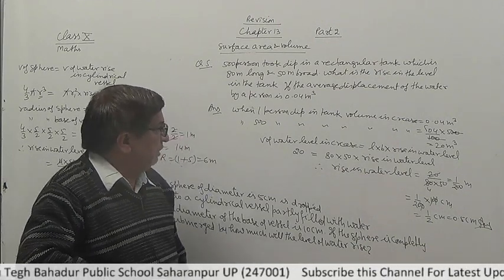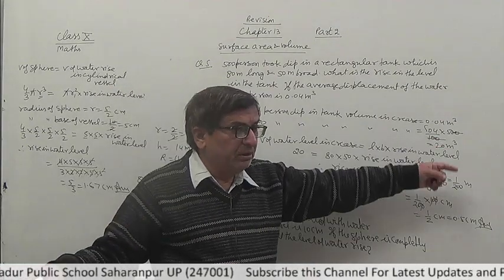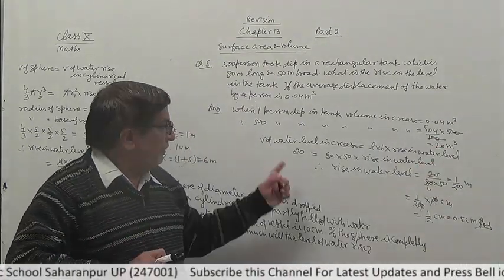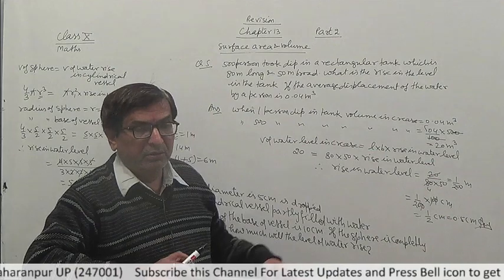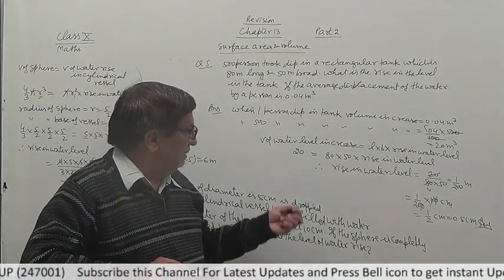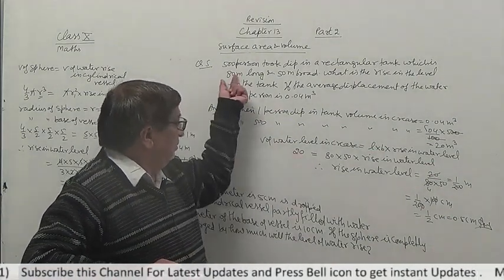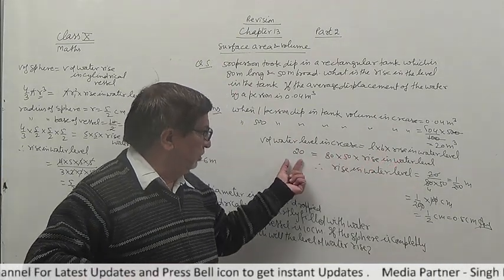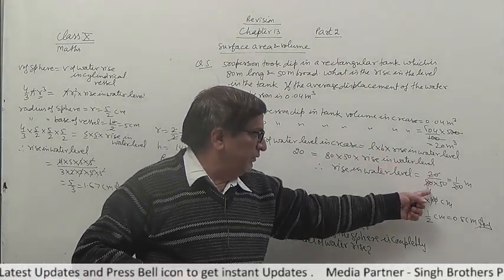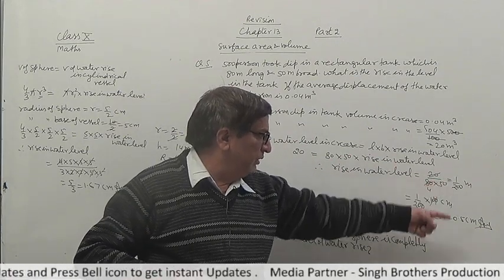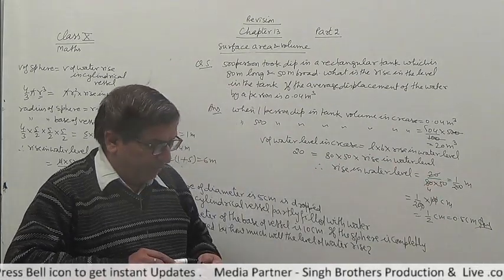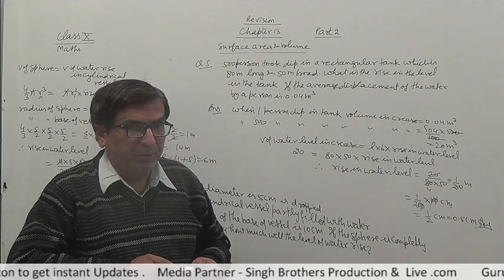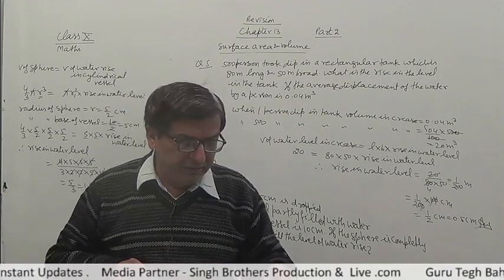So total water volume increase is 20 meter cube. And the water level increase is equal to length into breadth into rising level. So 20 is equal to 80 into 50 into rising level. This value comes on the denominator. Change into centimeter, we get 0.5 centimeter.